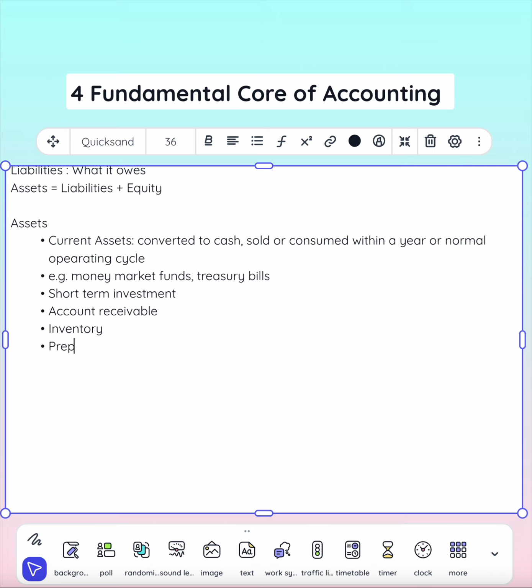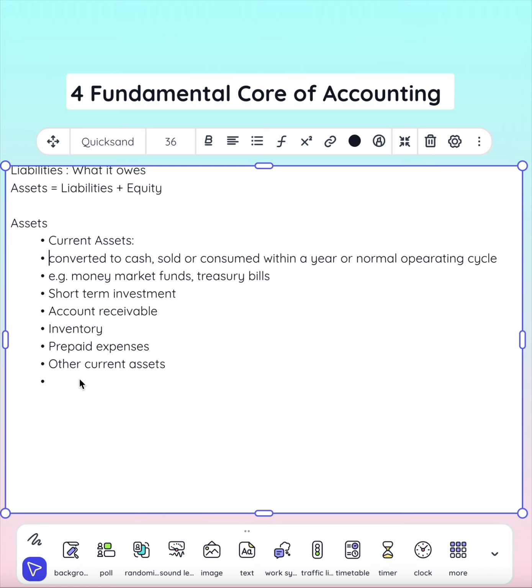Then prepaid expenses, which are expenses paid in advance, such as rent or insurance, that will be used up in the future. Then other current assets, any other assets that can be converted to cash within a year. So these are all the current assets. Now let's talk about non-current assets.